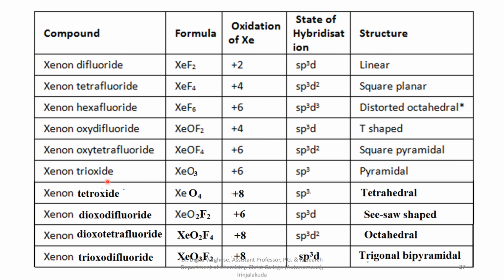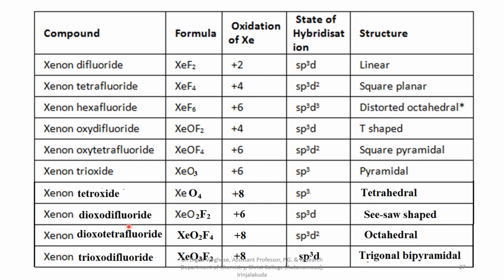Xenon trioxide XeO3, +6, sp3, pyramidal is its structure. For xenon tetroxide, molecular formula XeO4, +8 is its oxidation state and sp3 is the hybridization, geometry is tetrahedral.